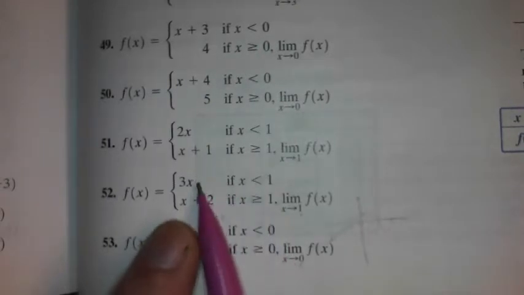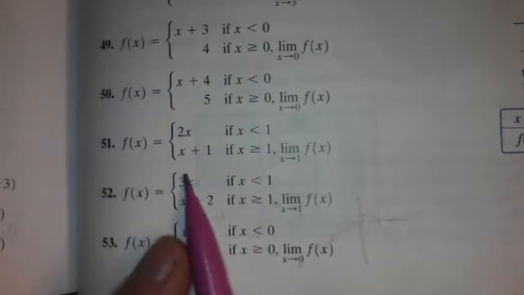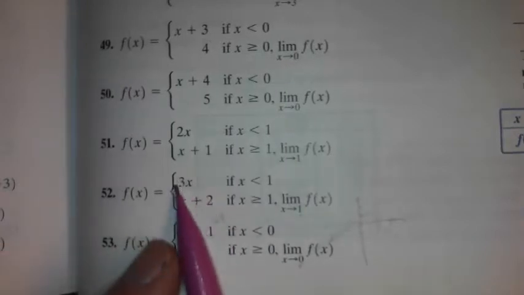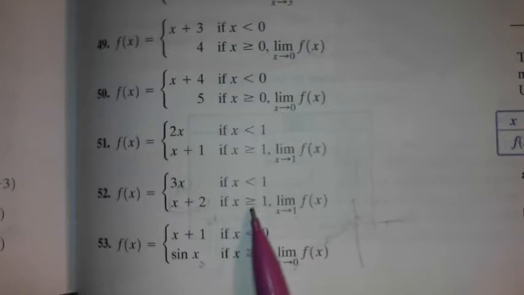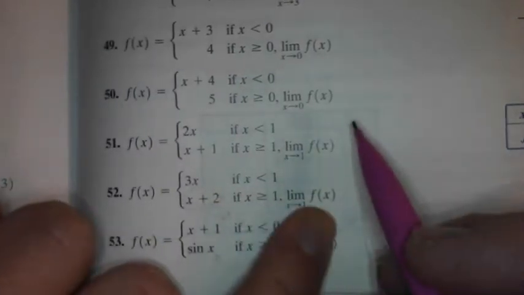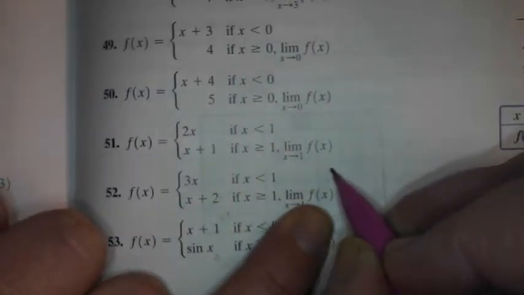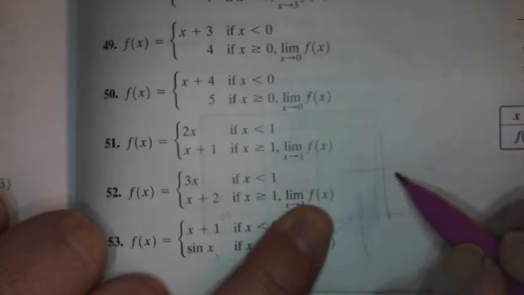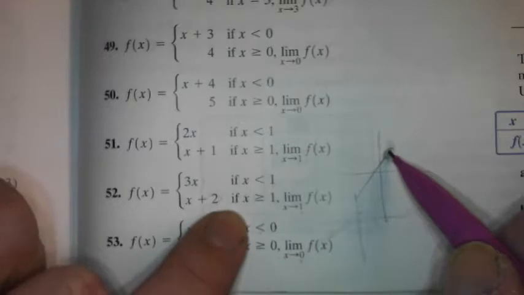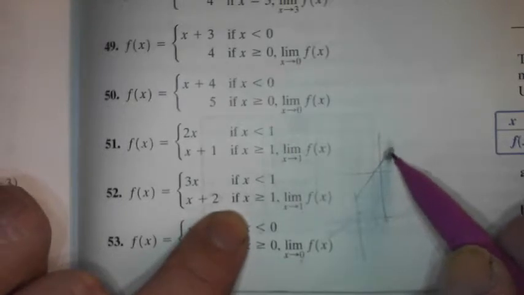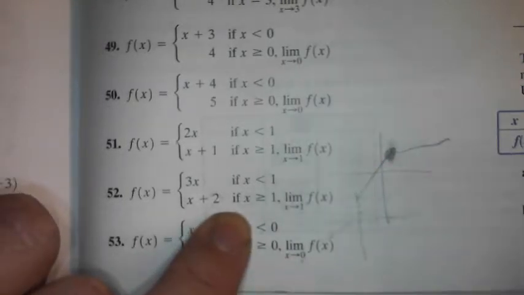What's the limit as you approach 1 from the left? 3. What's the limit as you approach 1 from the right? 3. So that one, the limit would exist. What that means, for a piecewise, is that wherever this first graph ends with an open circle, technically, also is the location where this other one begins and then closes up that circle.